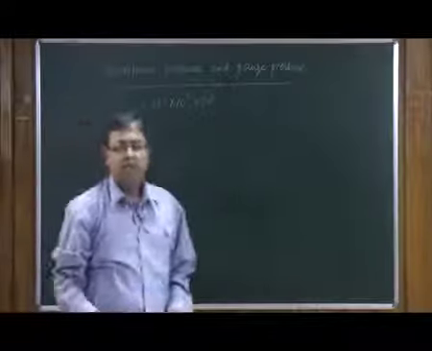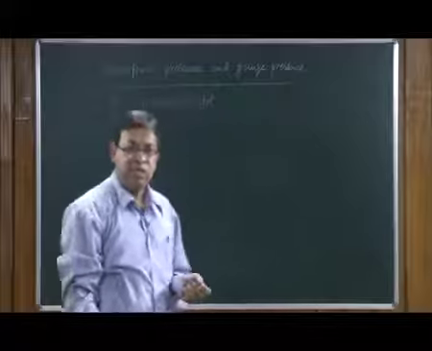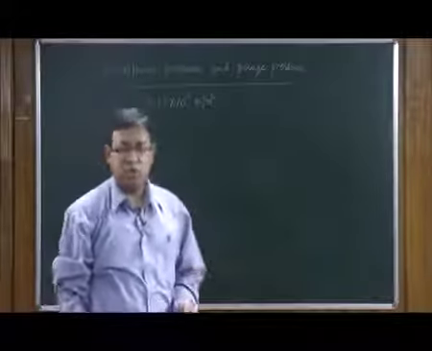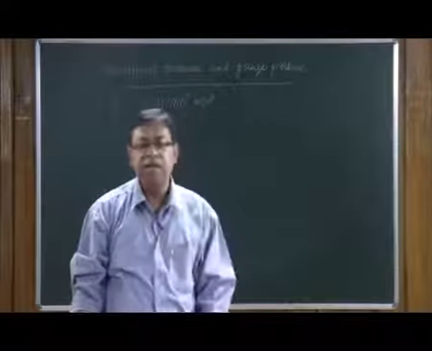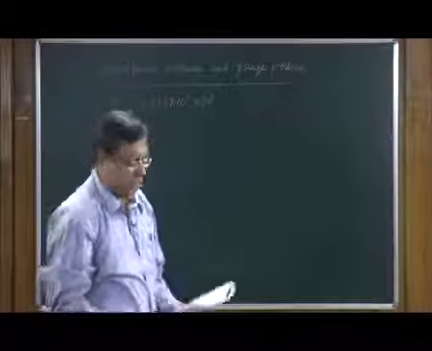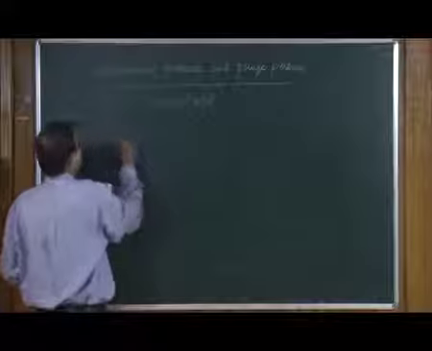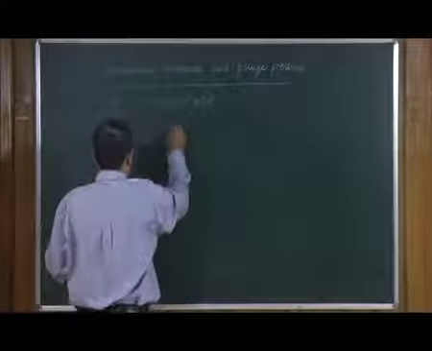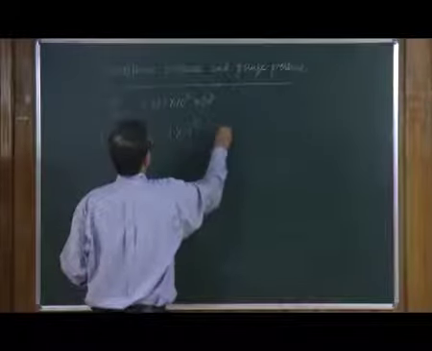In fact, there is another unit other than the Newton per meter square or the Pascal that we have talked about so far. There is another unit that is preferred more by the meteorological department, which is called bar, and one bar is equal to 1 into 10 to the power 5 Newton per meter square.